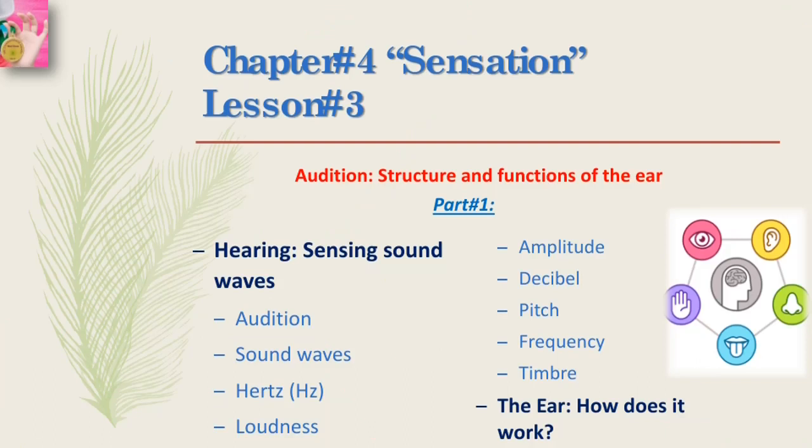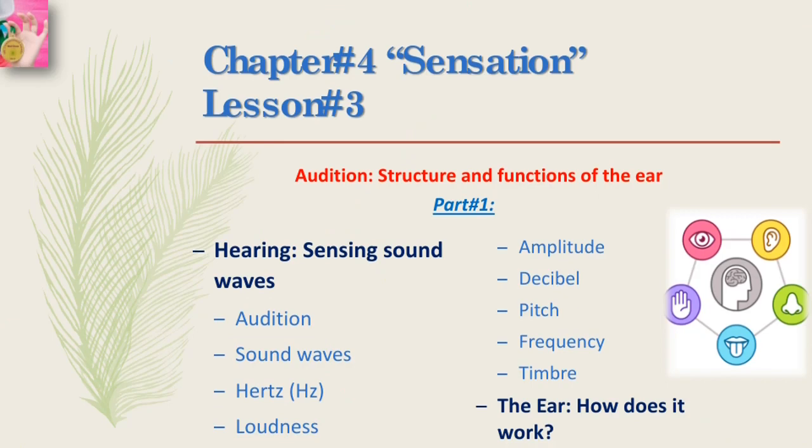So in this video, we'll start with lesson 3, which will be all about audition, the structure and function of the ear. Lesson 3 is basically the last lesson of chapter 4, and after that we will move to chapter 5, which will be a new chapter.